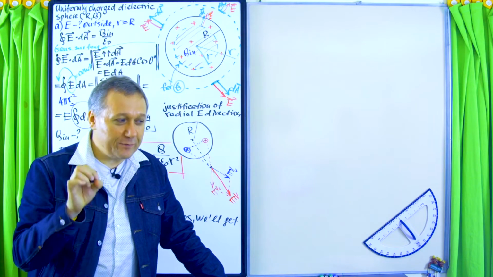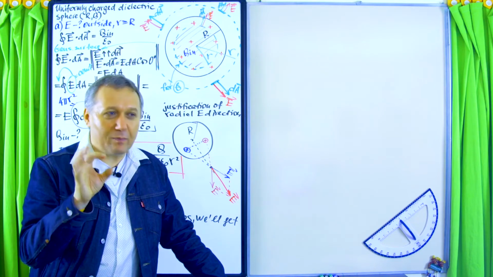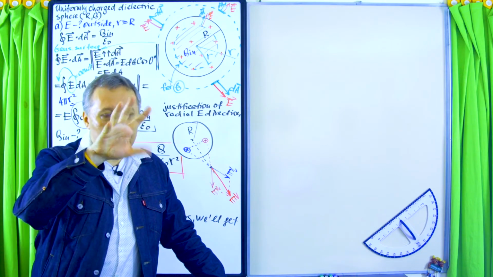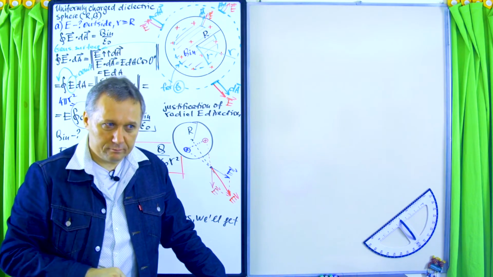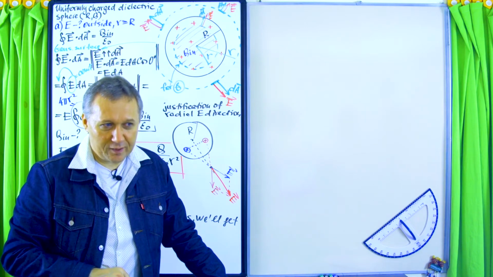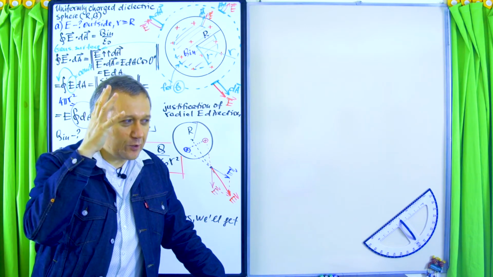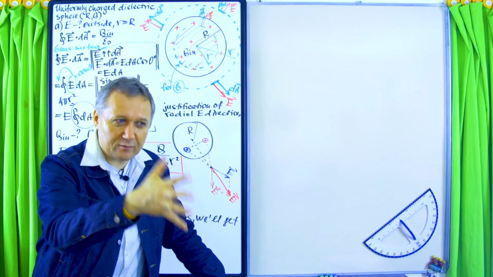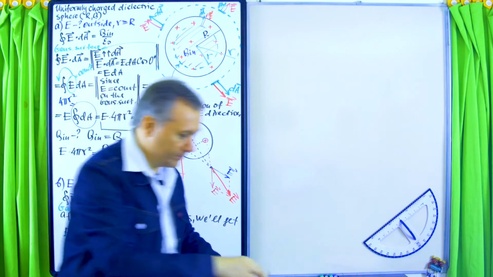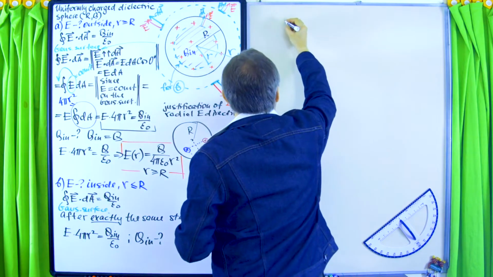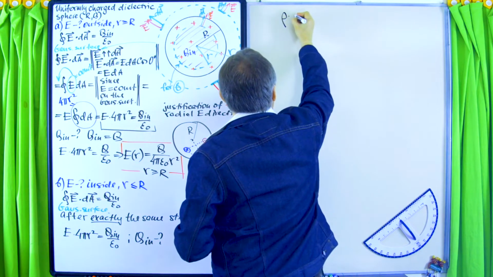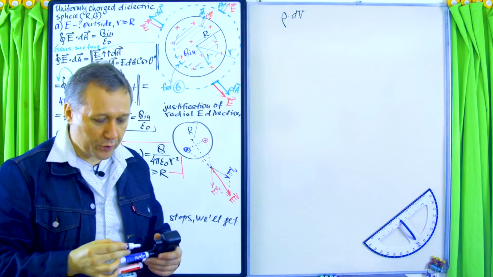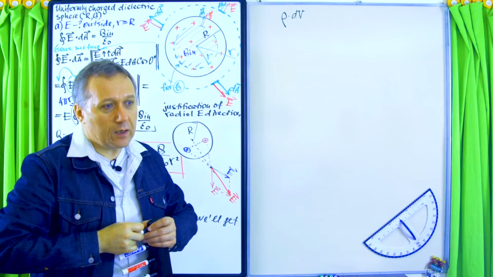If you want to find the amount of charge in a small volume dV, you need to take the volume charge density rho, multiplied by dV. That was an infinitesimally small portion of the volume.